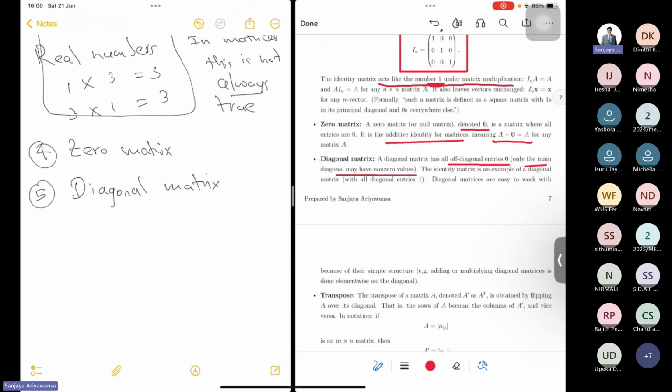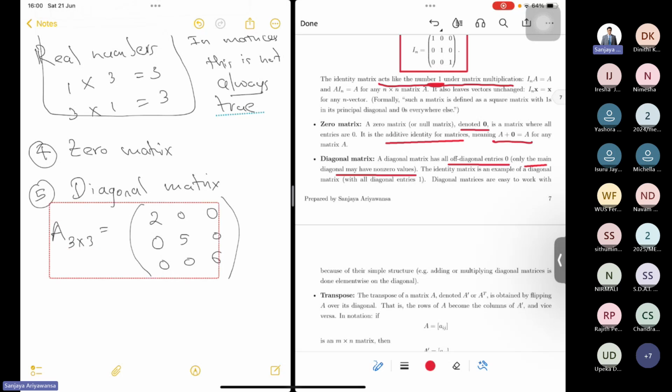So a diagonal matrix, let's say 3 by 3: 2 0 0, 0 5 0, 0 0 6. Now this is a diagonal matrix. Why is that? Because all the main diagonal entries are non-zero and everything else is zero, right?